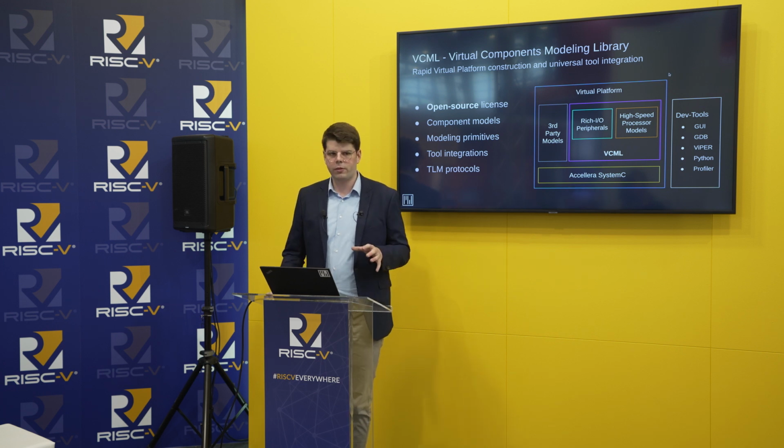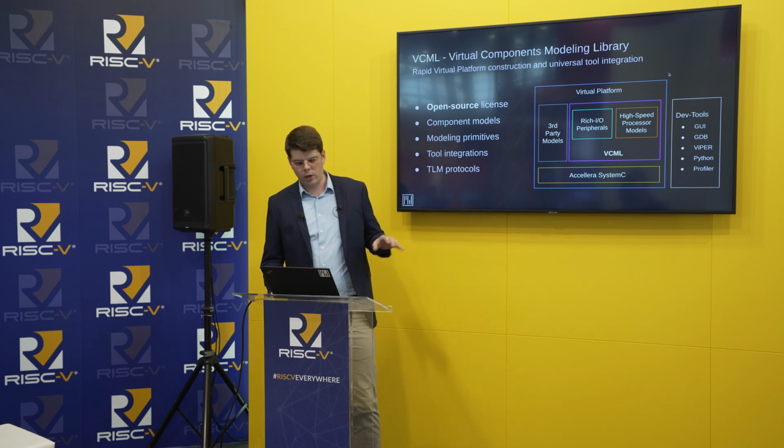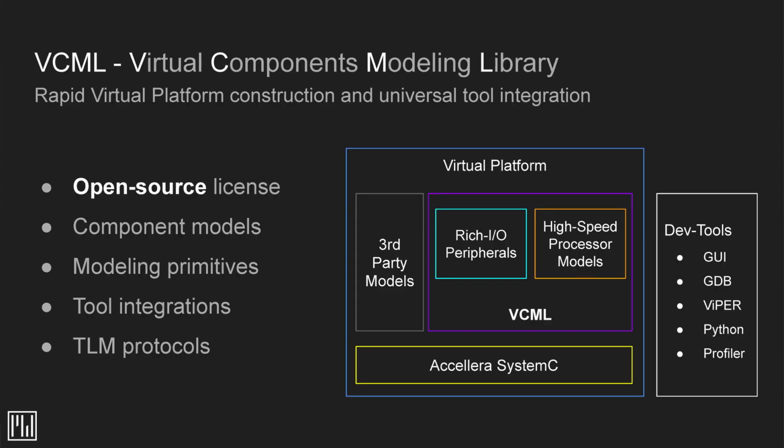So you have a virtual platform which contains for orchestration an Accellera SystemC kernel, and then components, for example, from VCML, such as Sim5, or other peripheral models, such as UART, Ethernet, GPU, these kind of things, or also third-party models, which are SystemC TLM compatible.